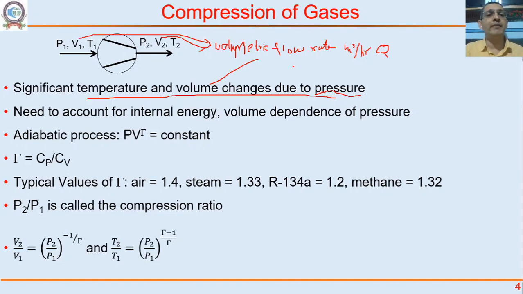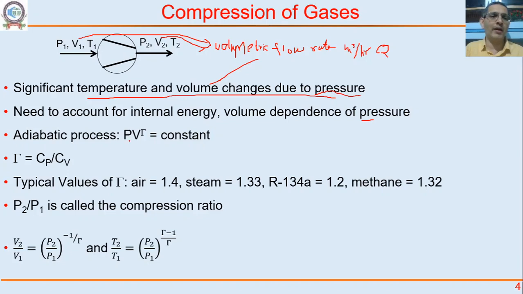If I have 25 meter cube per hour flow rate at the entry, I will have 25 meter cube per hour flow rate at the exit, because between 1 atmosphere and say 5 atmosphere, density is not changing much. Liquid is incompressible. Whereas for a gas, if I have a pressure changing from 1 atmosphere to 5 atmosphere, there will be a significant change in volume, and as a result of that, the internal energy changes and therefore the temperature changes, and we need to account for that.